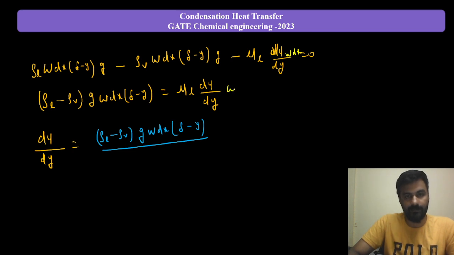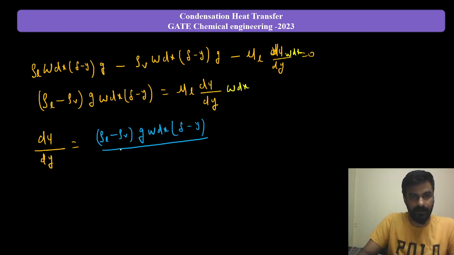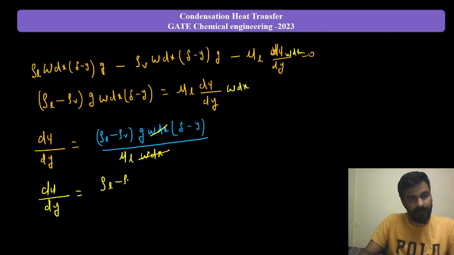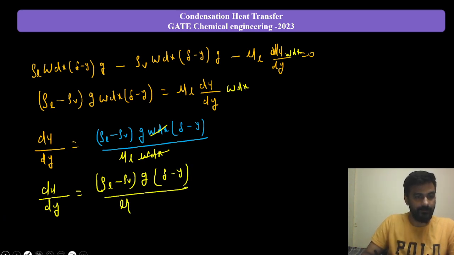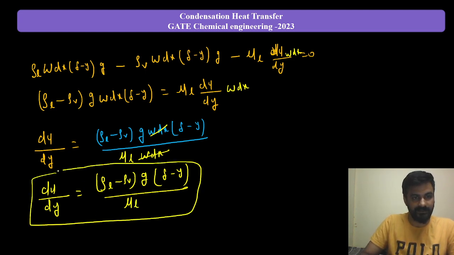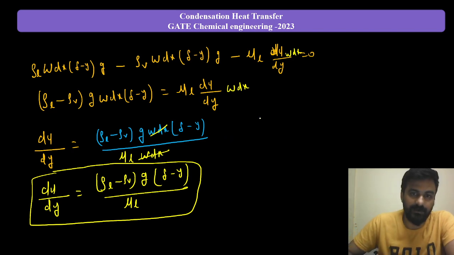It will be mu l W dx du by dy. So this W dx and W dx will get cancelled out. So can I write, my dear student, du by dy is equal to rho l minus rho v, g (delta minus y) upon mu l. This is the gradient of velocity of that condensate layer that we have got right now.